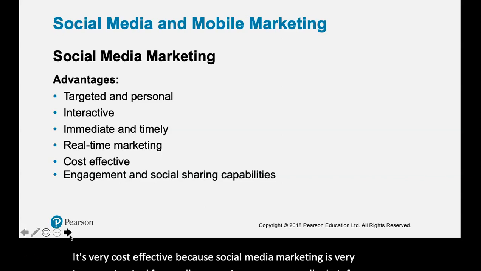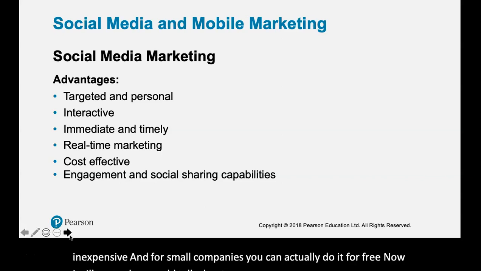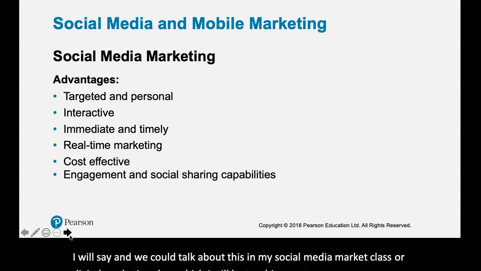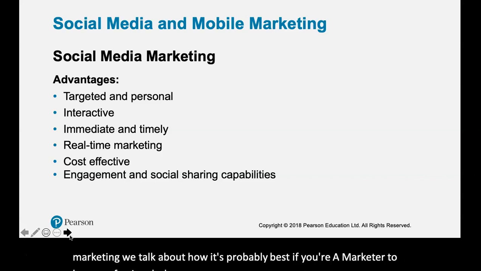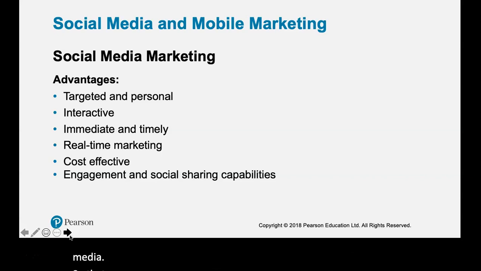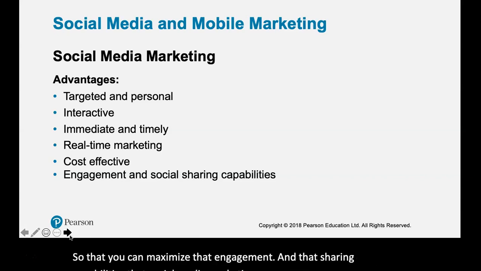Now, I will say, and we talk about this in my social media marketing class or digital marketing class, which I will be teaching next semester, in digital marketing, we talk about how it's probably best, if you're a marketer, to have professionals do your advertising for you on social media so that you can maximize that engagement and that sharing capabilities that social media marketing offers to you.